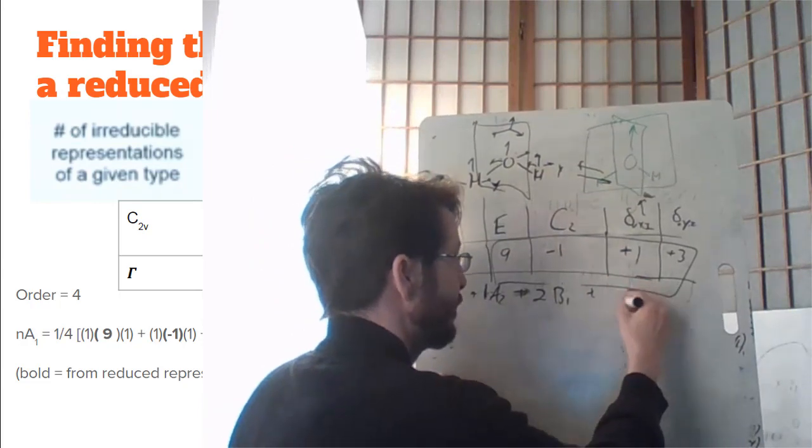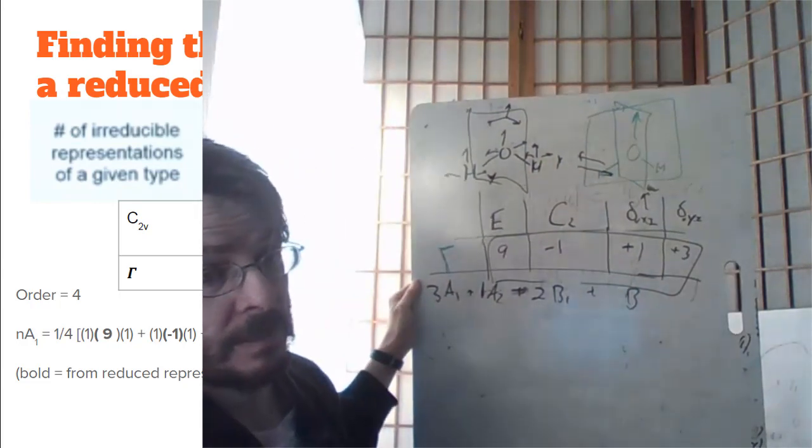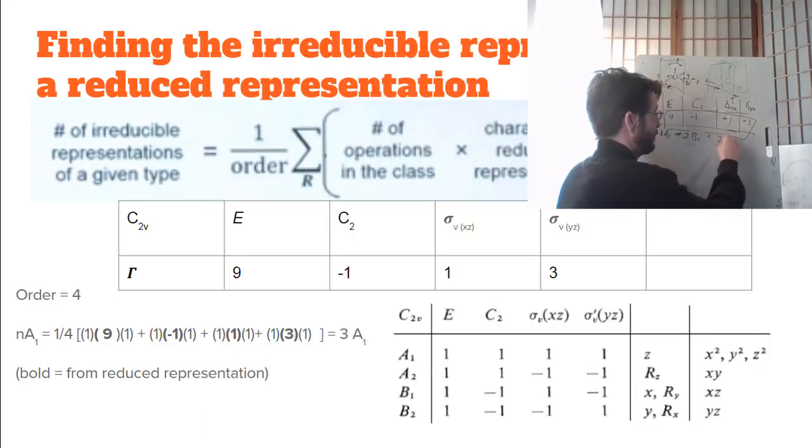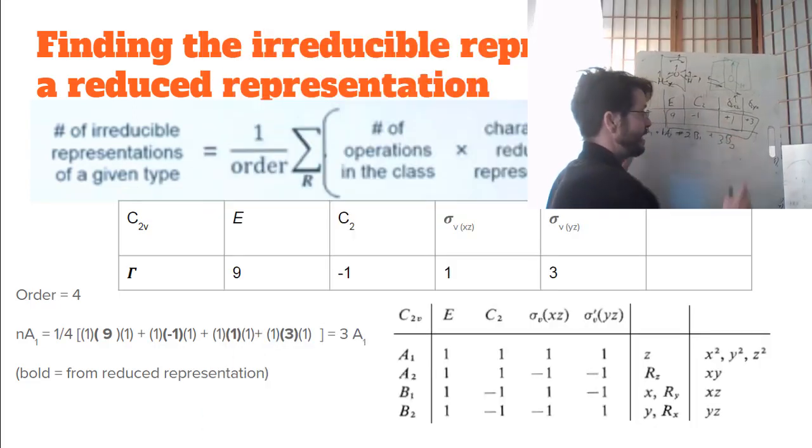I'll leave this one for you to determine, and if you do it right, you should get 3 B2s.